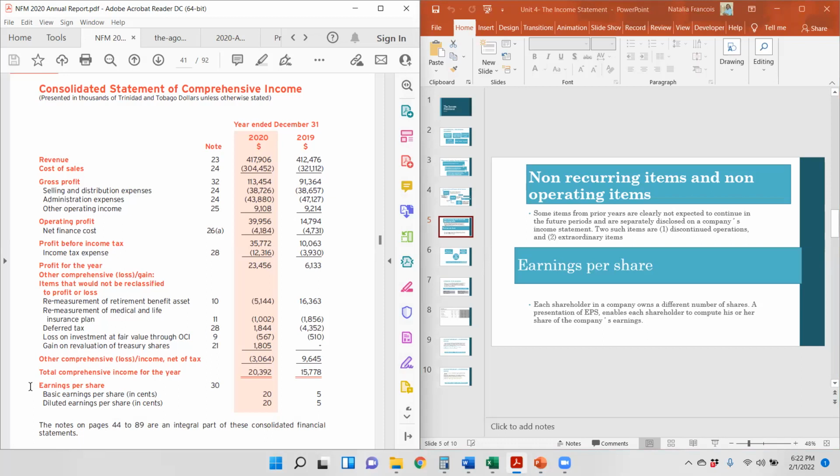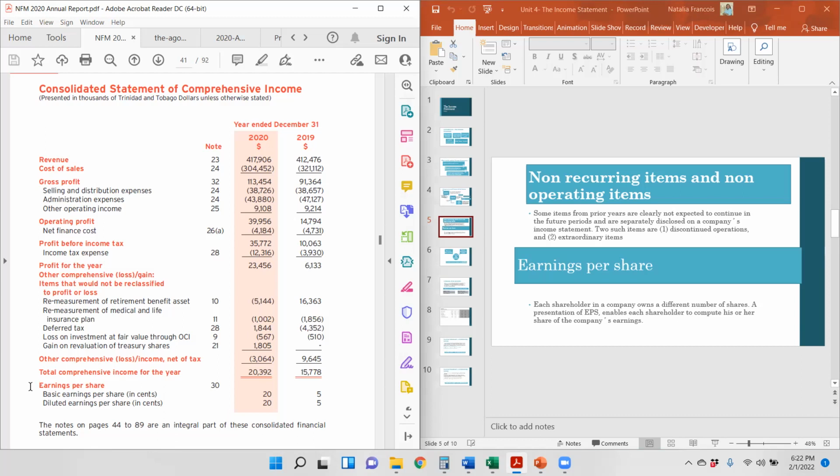Miss, shares that were sold. All right, so it is shares that were sold, but is it the shares that the shareholders of the company own? Yes. So it's how much per share.